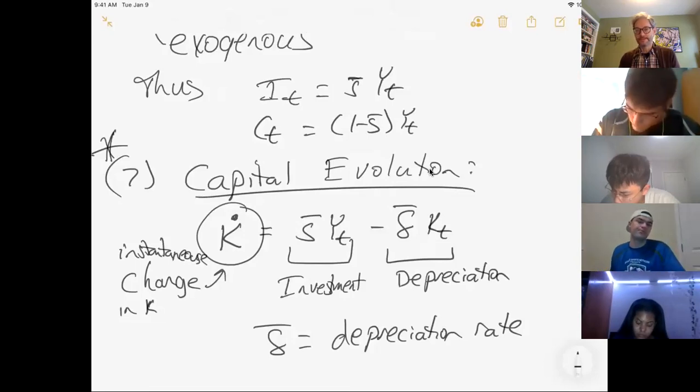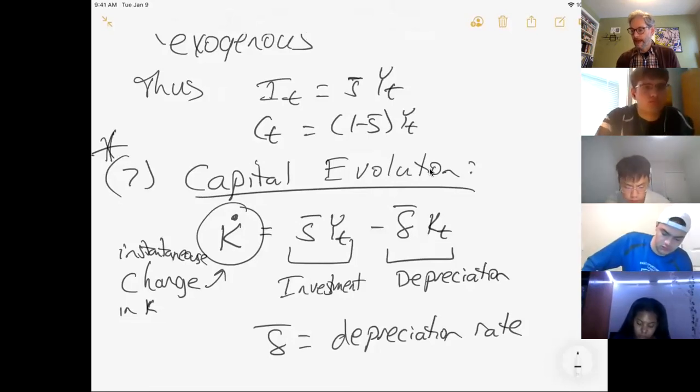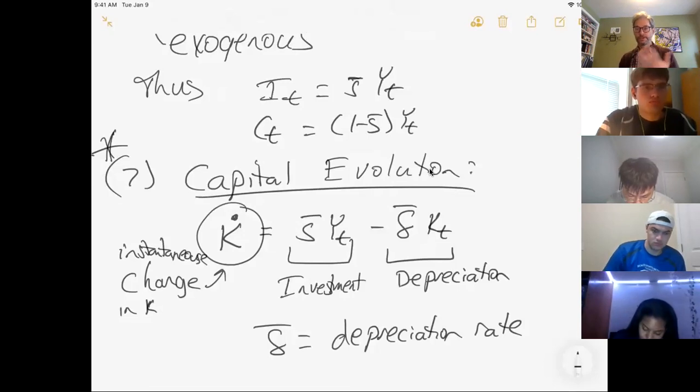So hopefully that makes some sense, right? Hopefully that's fairly intuitive. How does capital change? Well, if you invest more, that adds to capital, but the depreciation decreases your amount of capital. So there's two competing factors here. Investment adds, depreciation takes away, right?